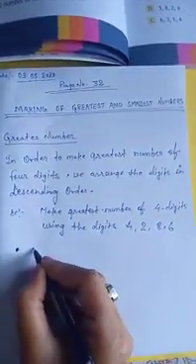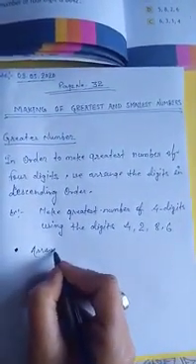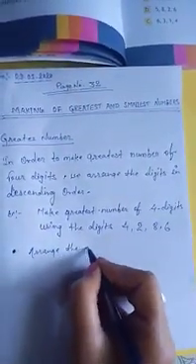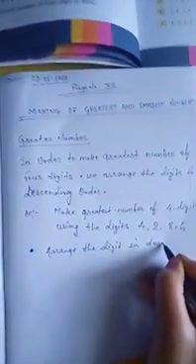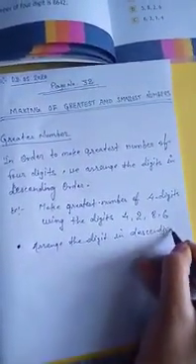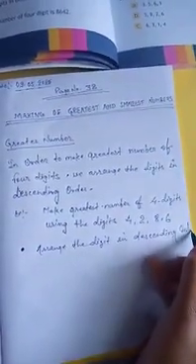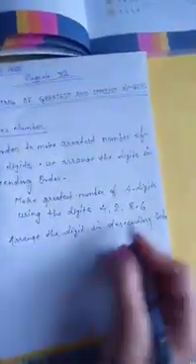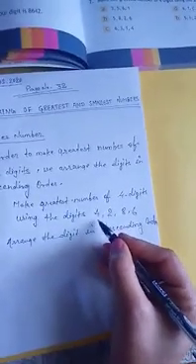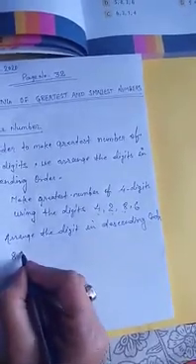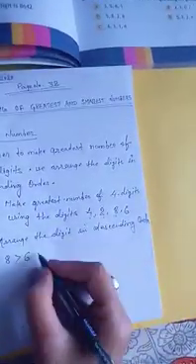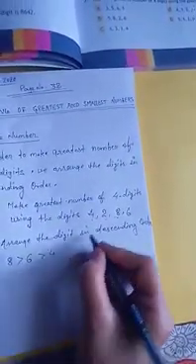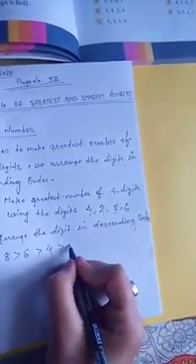First point is arrange the digit in descending order. So here number is 4, 2, 8, 6. Here greater number is 8. After that 6, then 4, and lastly the smallest number is 2.